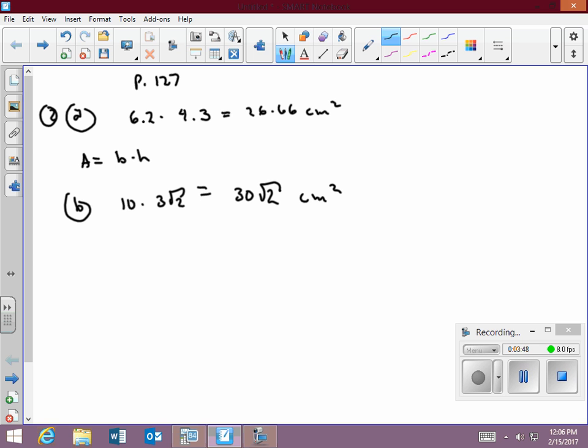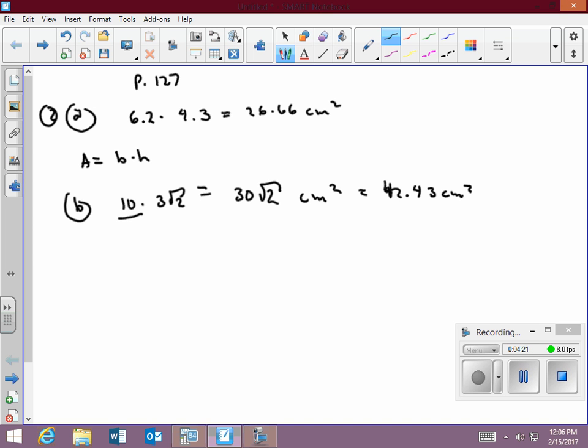Now, in the answers in the book, they might give you, in like this one. Why do you take the square root of 3? Yeah, 3. The height is 3 square root of 2. So the 6 there is not important? The 10 is the base.